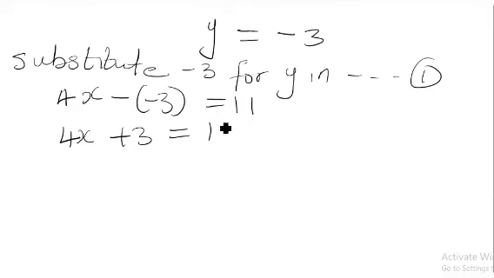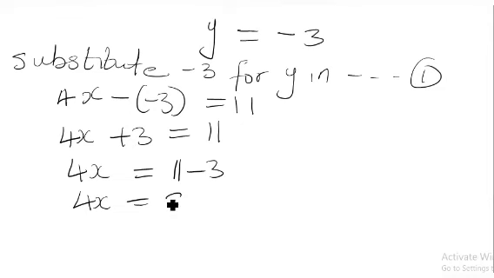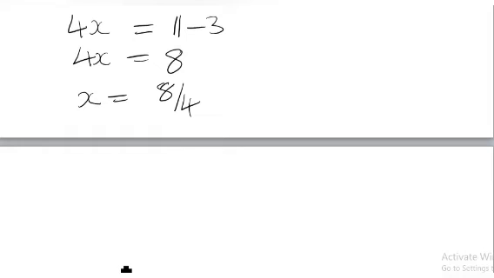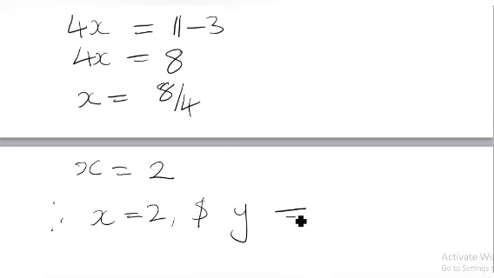So I have 4x equal 11 minus 3. So I have 4x equal 8. 11 minus 3 is 8. Divide both sides by 4, x equal to 8 over 4. Therefore, x equal to 2. Lastly, I'll have x equal to 2 and y equal to minus 3.